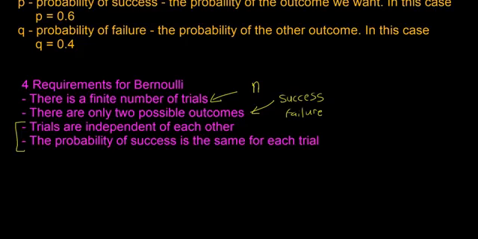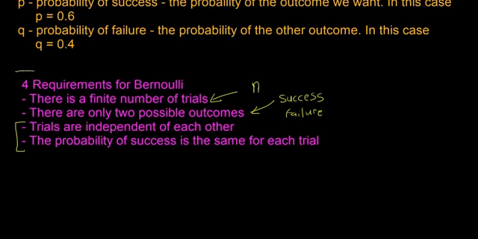In that case, you can't use Bernoulli's trials, okay? Because the probability of success changes depending on whether the last shot went in or not. So it's really important that you know that the trials have to be independent and the probability of success has to be the same for each trial.